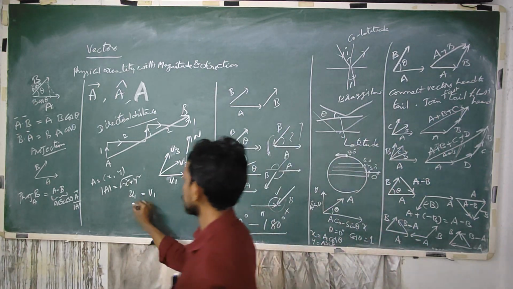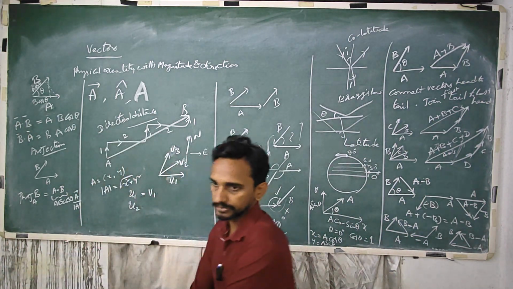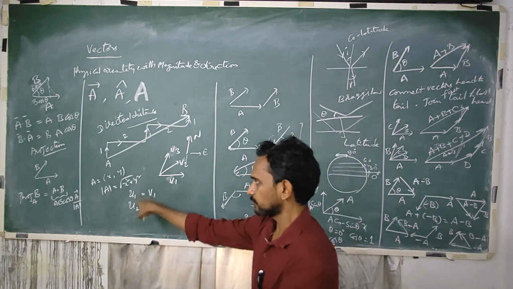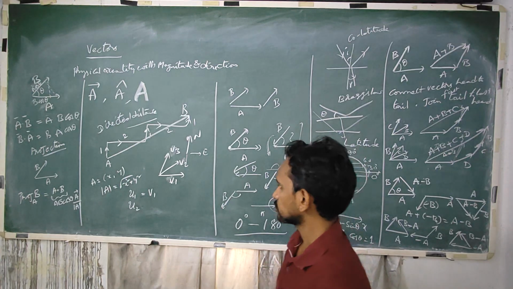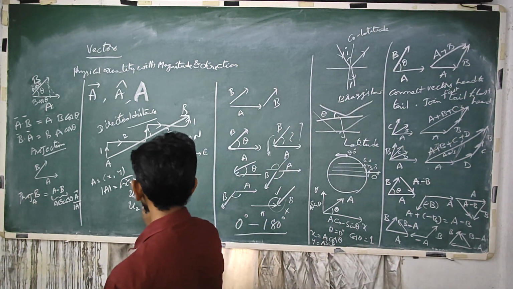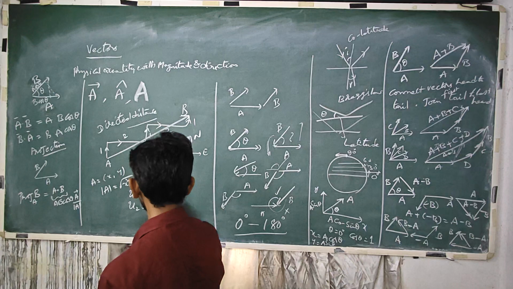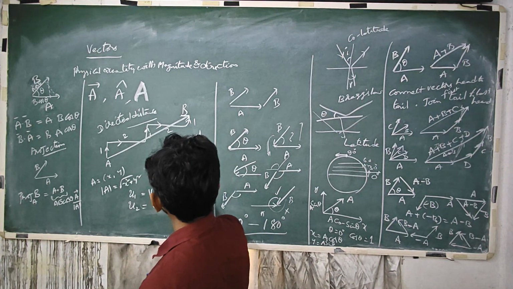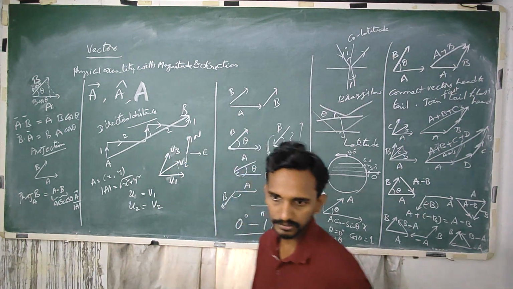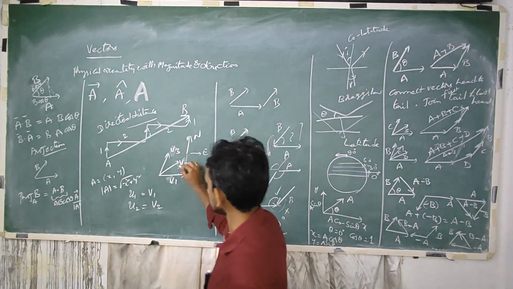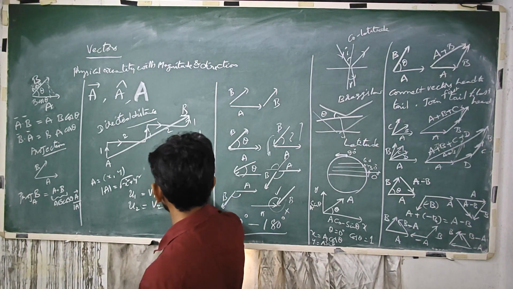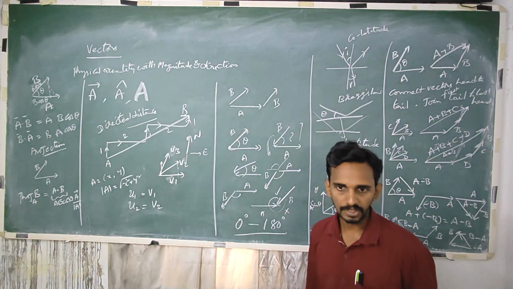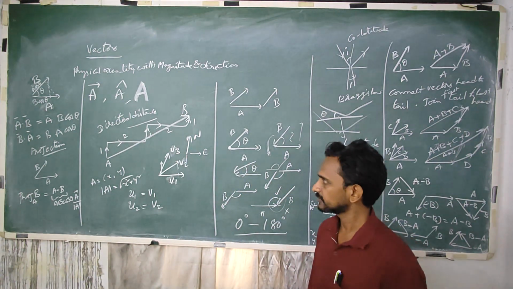Now coming to u2. u2 is the second vector, perpendicular to u1. So how do we generate a vector perpendicular to u1? I take the vector v2 and subtract the component of v2 along u1. If I subtract the x component, I will be left with only the y component. So I am resolving v2 into two directions, one along x and one along y, and subtracting the projection of v2 along u1.